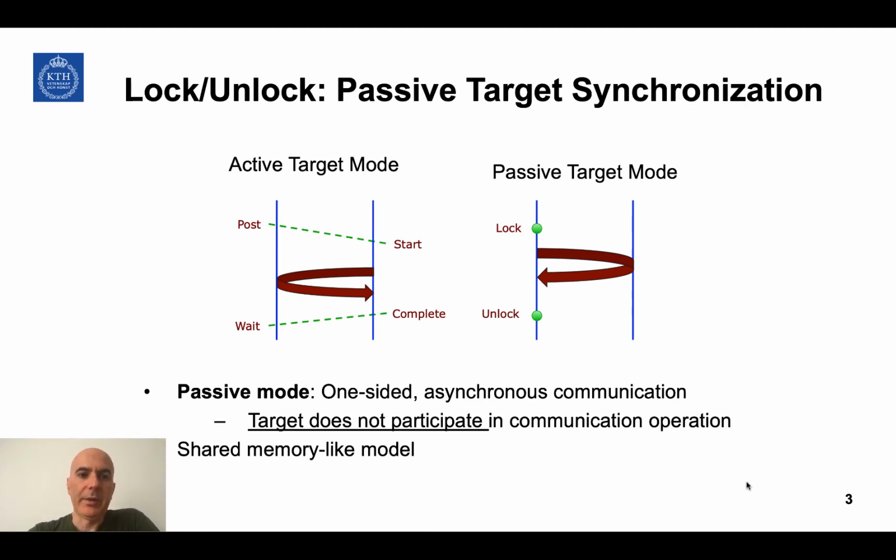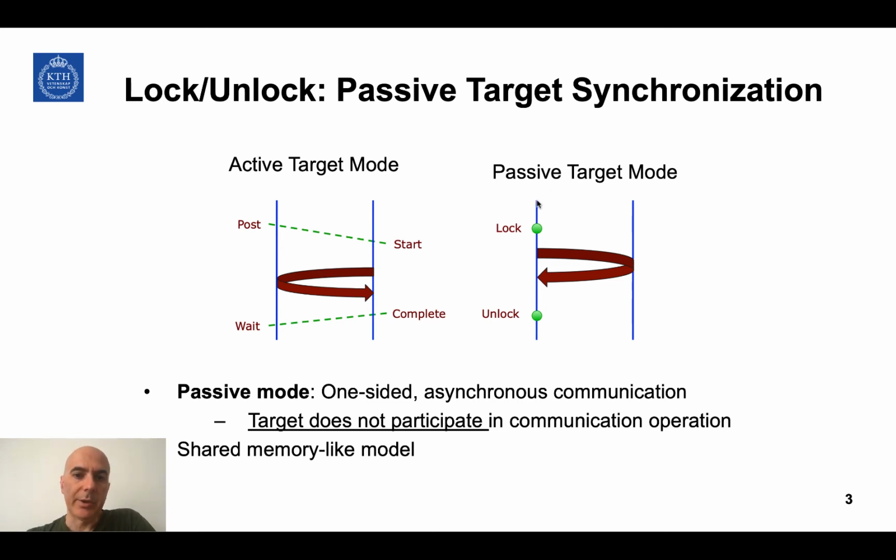For instance, in generalized active target mode, the target process cooperates by starting the epoch and completing the epoch. In the passive target mode, the target does not participate in the communication.